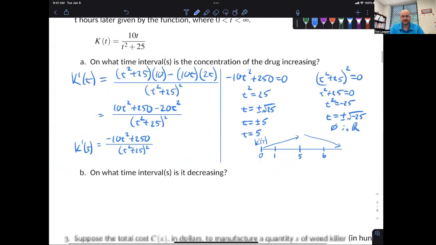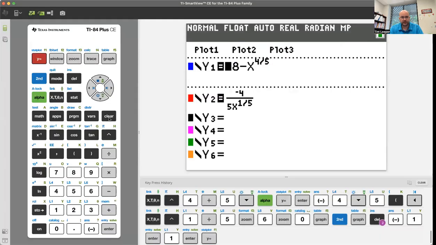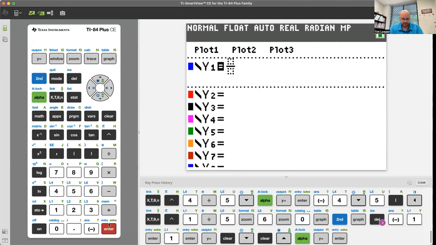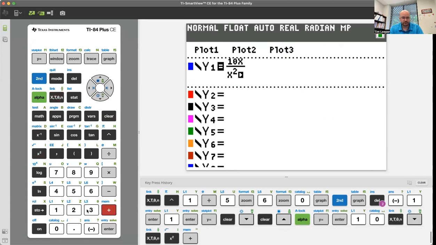Now to see that, we would go to the calculator, go to y equals, clear all of this. On y1, I'm going to type in the original function, alpha y equals, enter, and we have 10x over x squared plus 25.